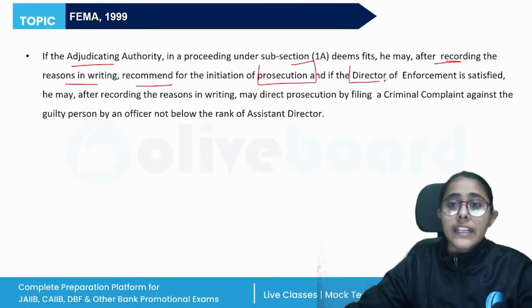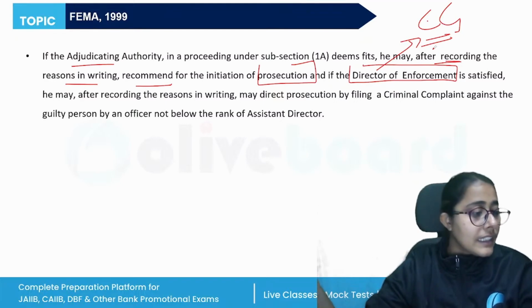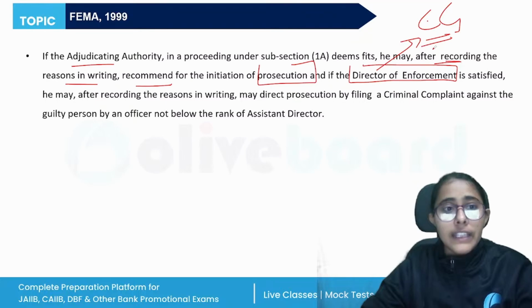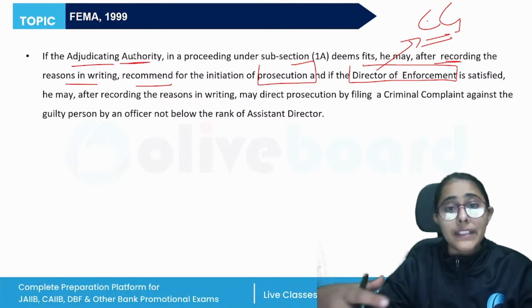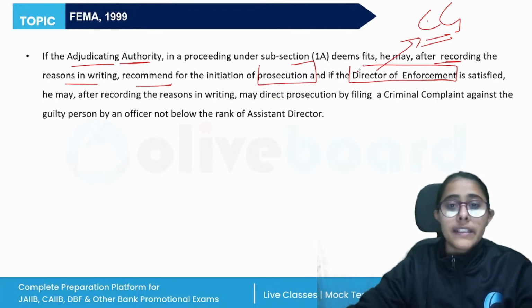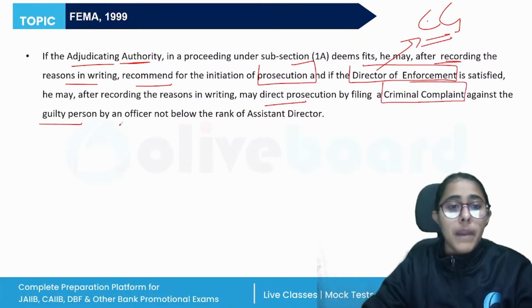And then the director of enforcement, a body appointed by the central government to oversee the enforcement and working of the FEMA provisions, if satisfied, may direct the prosecution by filing a criminal complaint against the guilty person by an officer not below the rank of assistant director.